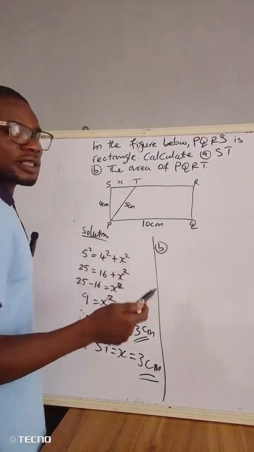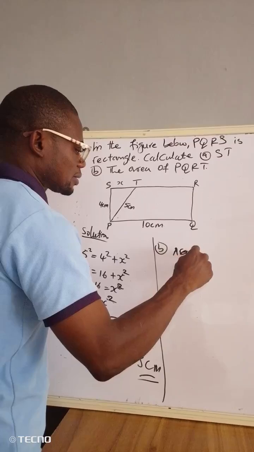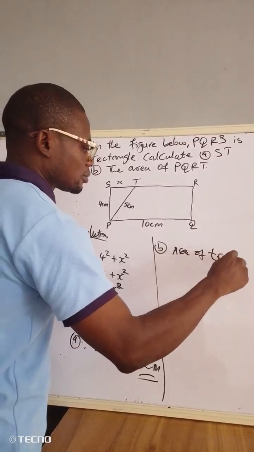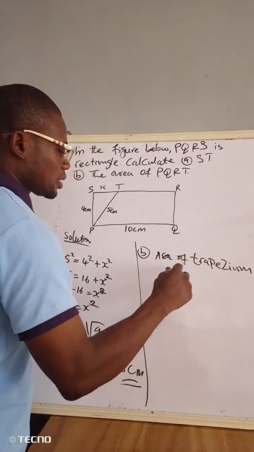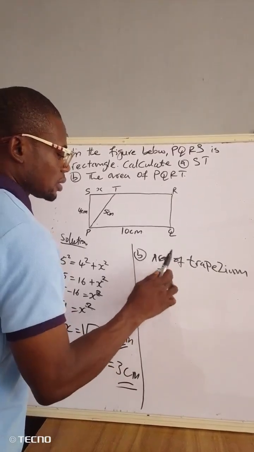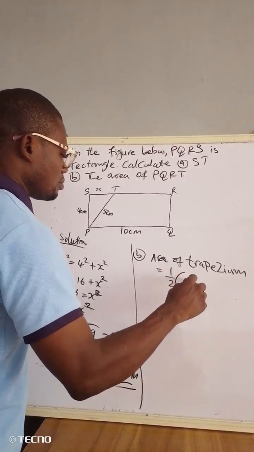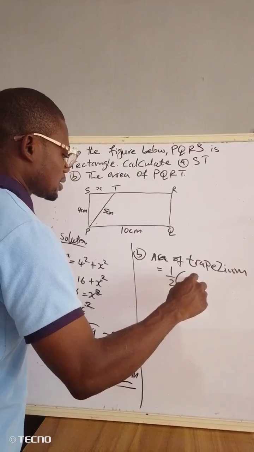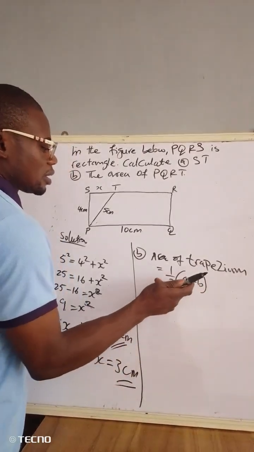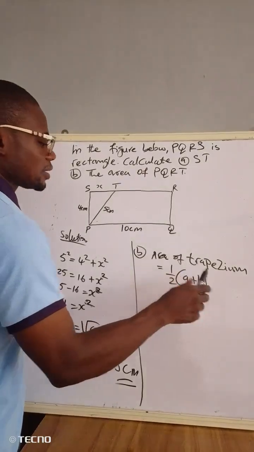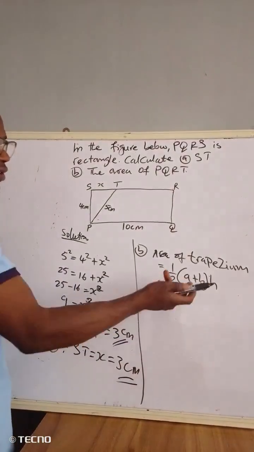And the formula for calculating the area of a trapezium equals half of the sum of the two parallel sides multiplied by the height. I have to solve the area of the trapezium.